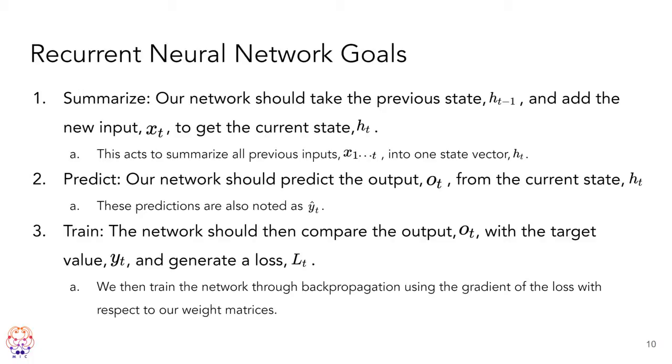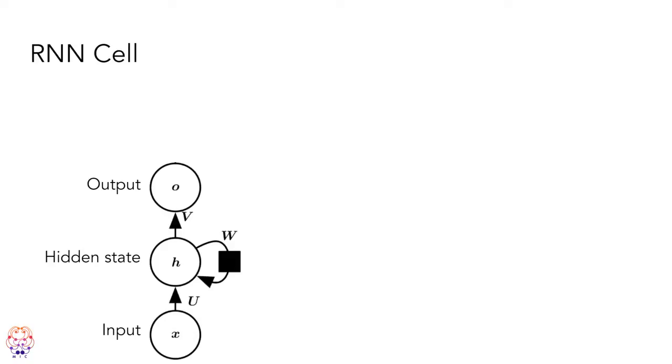So we're gonna show this in a diagram, so don't worry if you don't get everything. Here's a basic RNN cell. It's pretty simple. We have our x, and we multiply it by U. This is a weight matrix that's learnable. So U, W, and V are learnable parameters, also known as theta.